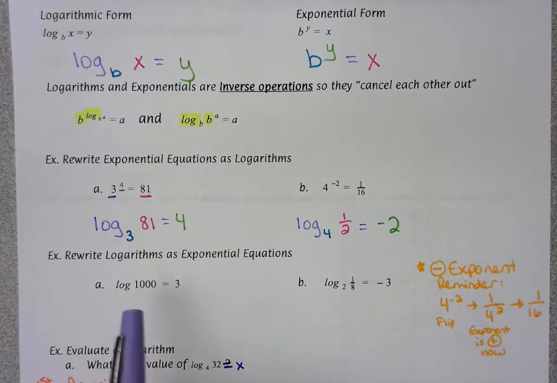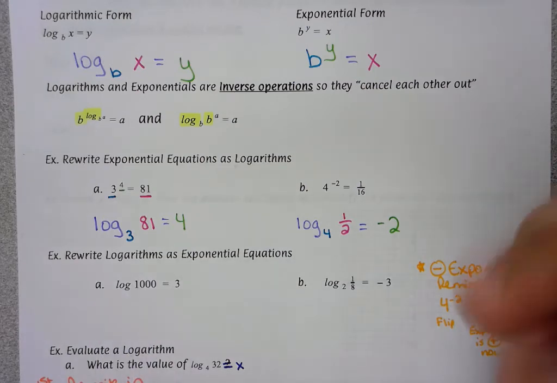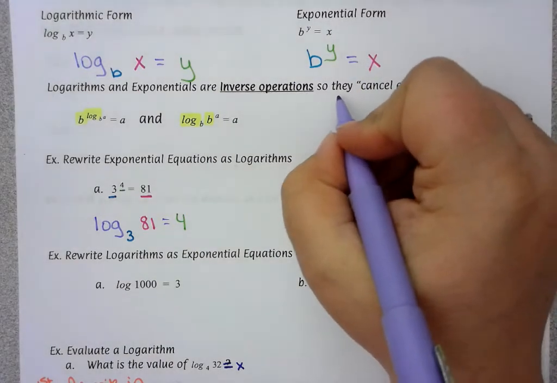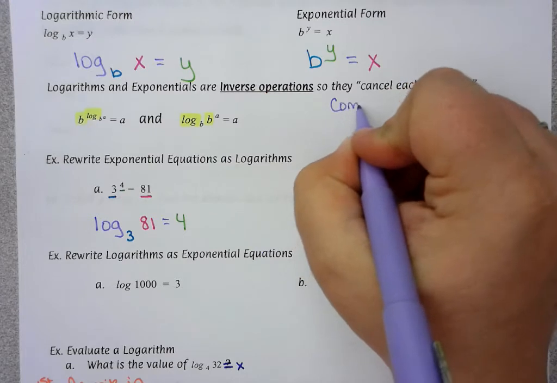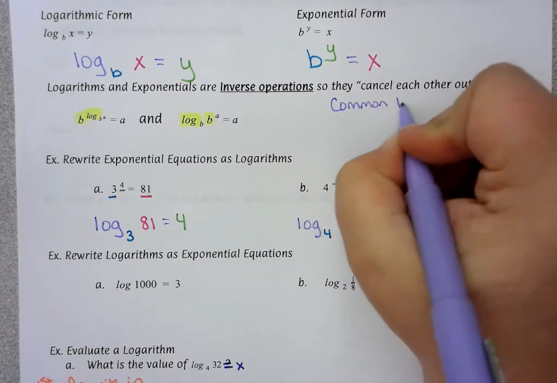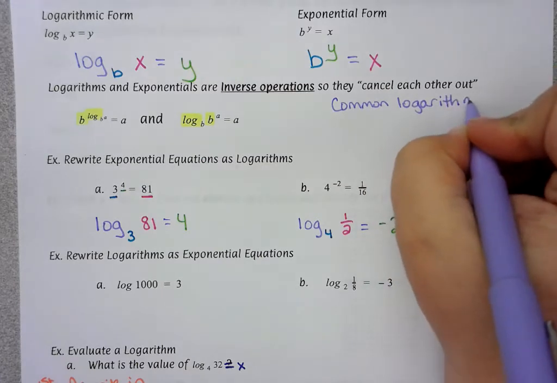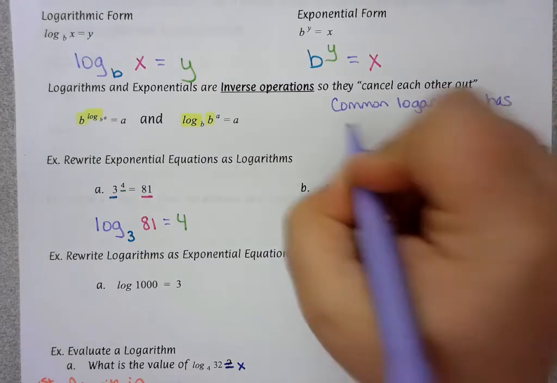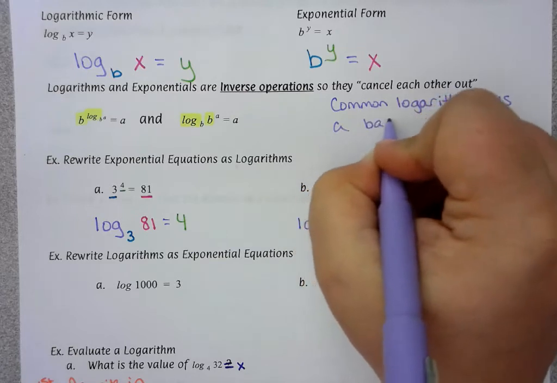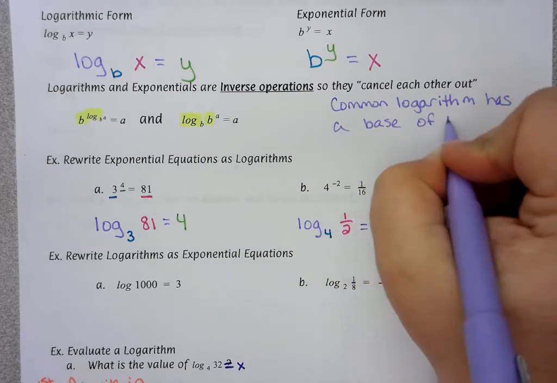So we need to write something here, because this you see log, but they don't have a base written. So go back up here, and we need to write the common logarithm. And this is the one that your calculator has on it. Has a base of 10.